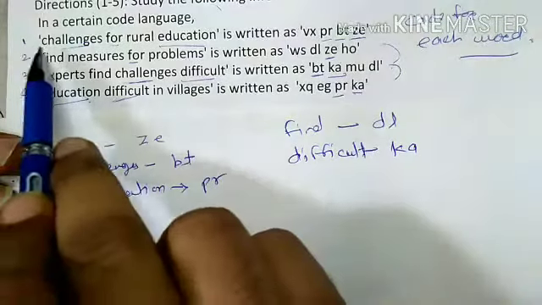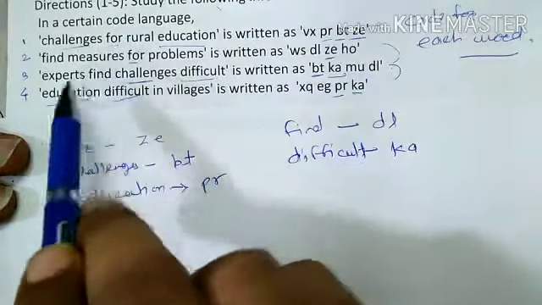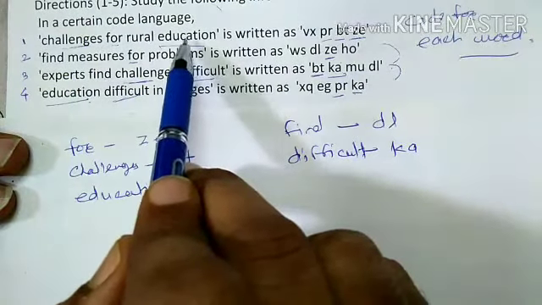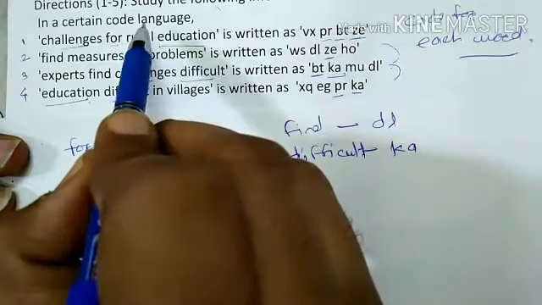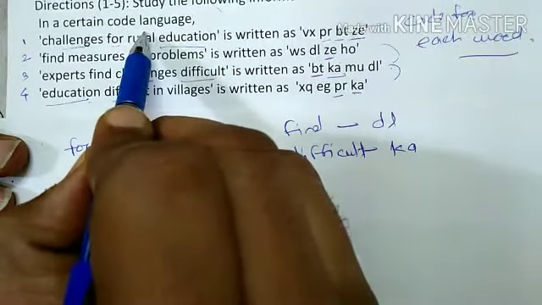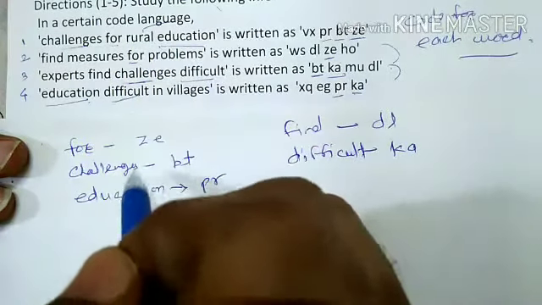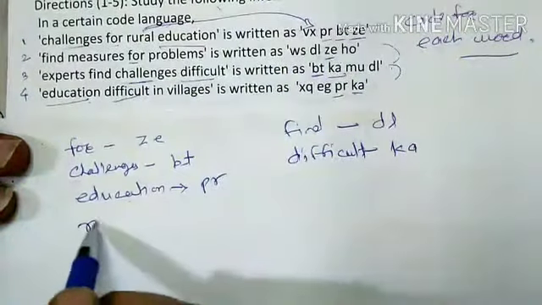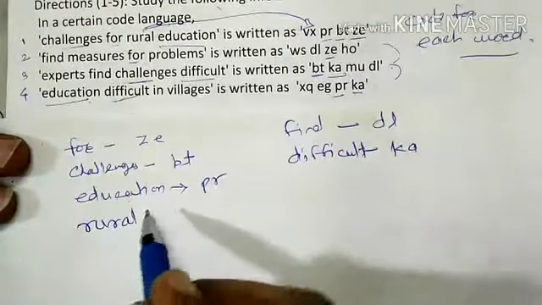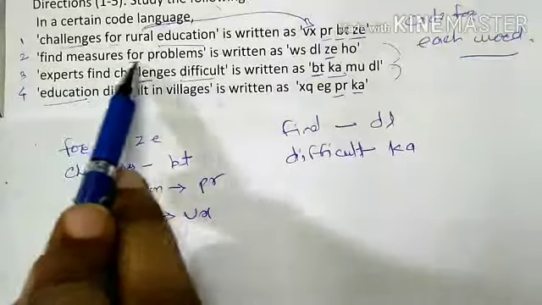In the first message we know the code for challenges, for and education. So the code for rural, which is not present in the others, is VX. Next, find measures for problem.